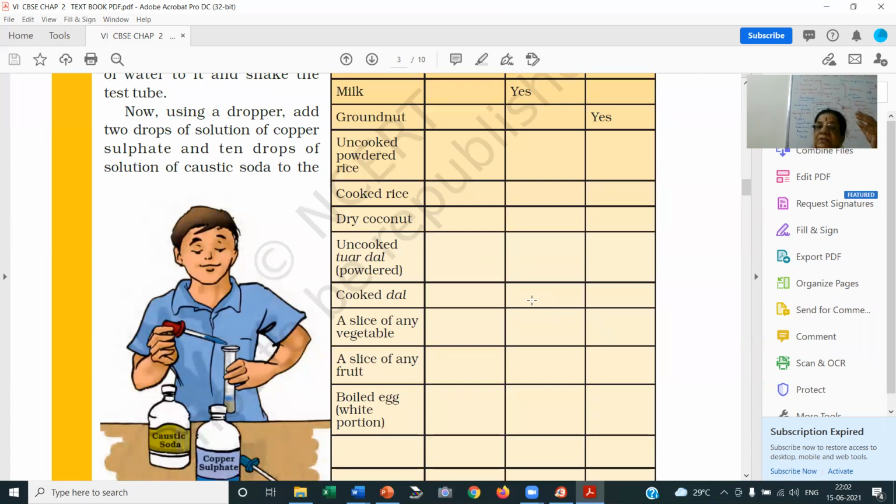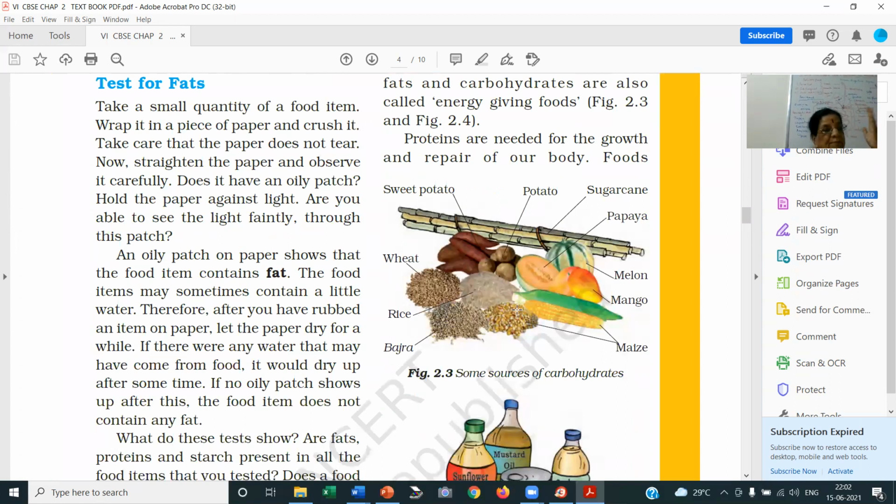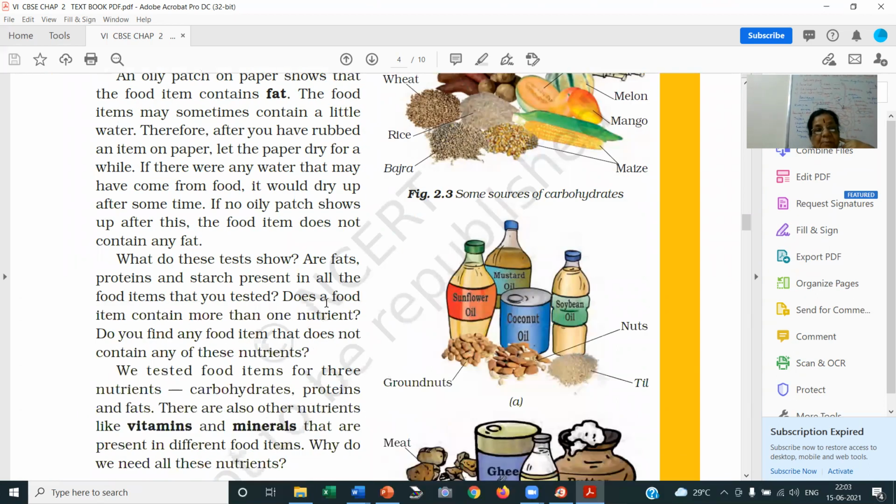Sometimes the result will take some time or it may not come. Okay, so vegetable you can check and see. Boiled egg white portion, protein. I hope you understand. Test for fat I have said a lot already, no need to repeat.